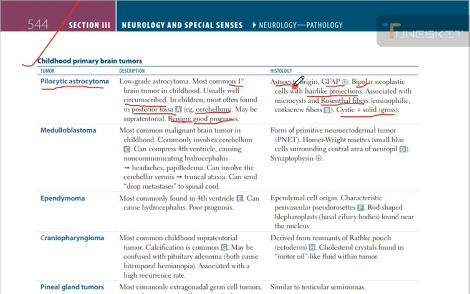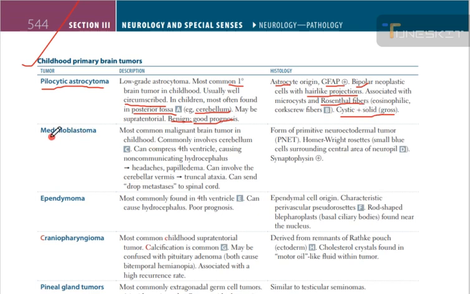It has astrocytic origin. GFAP is its biomarker. It is bipolar, with hair-like projections and Rosenthal fibers, which are corkscrew-type fibers. It may be solid plus cystic.